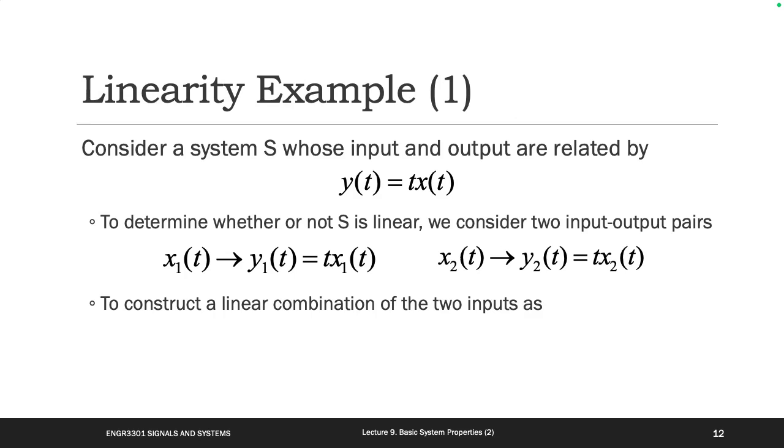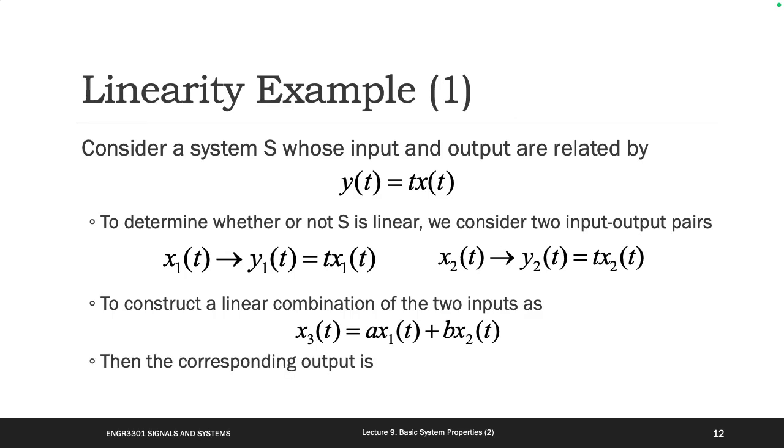Then construct a linear combination of the two inputs, x3(t) equals a x1(t) plus b x2(t). The corresponding output is y3(t) equals t x3(t), and then equals this one, right? That makes sense to you?